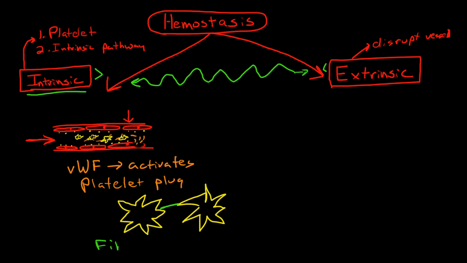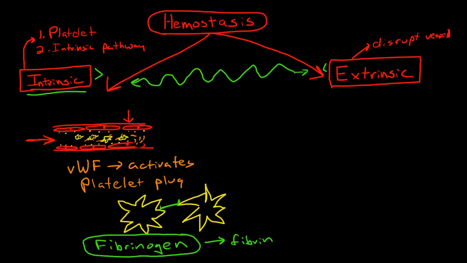Now, fibrinogen is an important protein to know about. It is actually an inactive clotting protein in the body, and it will be activated later on to become fibrin. But in this instance, when it is binding platelets together and being part of the platelet plug, it is still in what is known as the fibrinogen or inactive form.